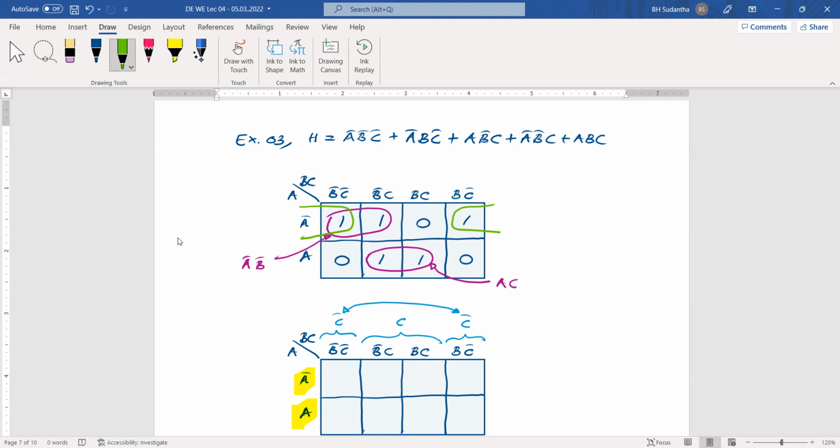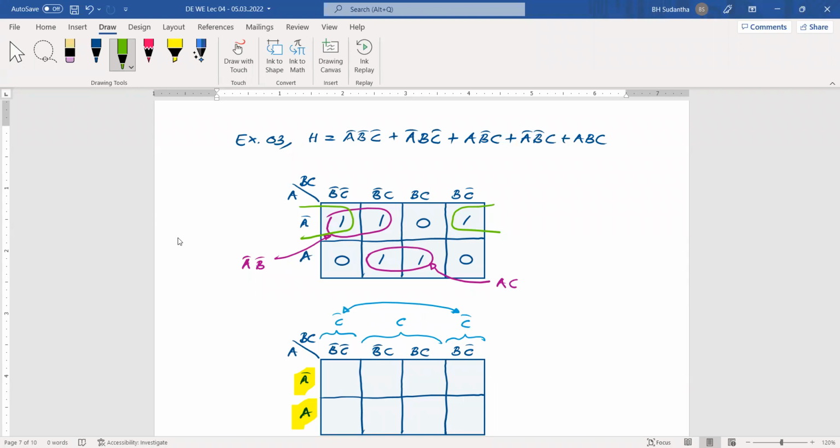Only the thing is that we must obey the rule. You may remember that when you go from one grid to the next grid, if we change only one bit, then you can do it. According to that rule, we can do this one.